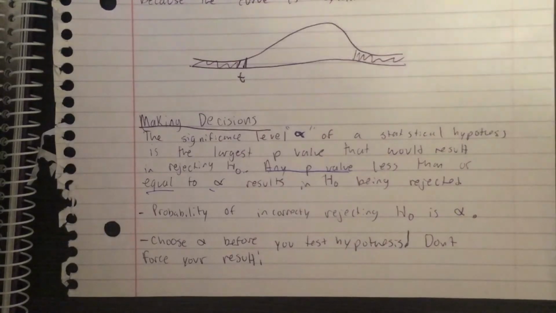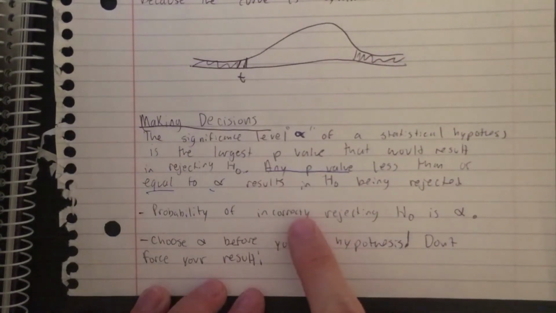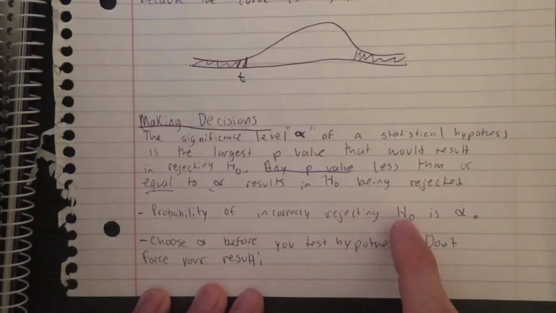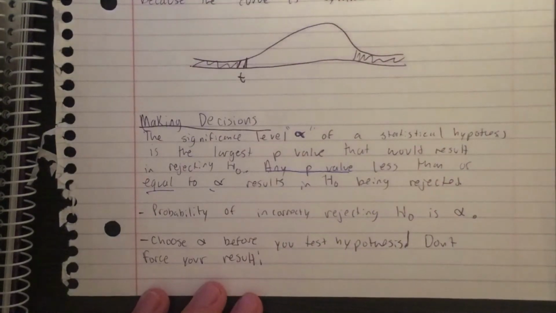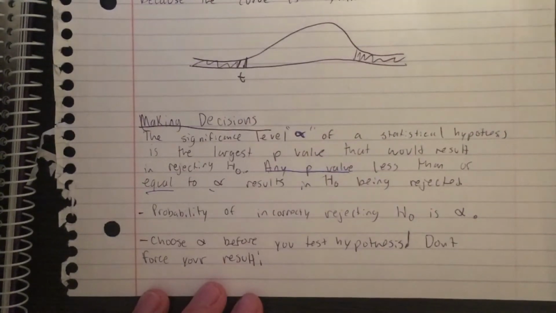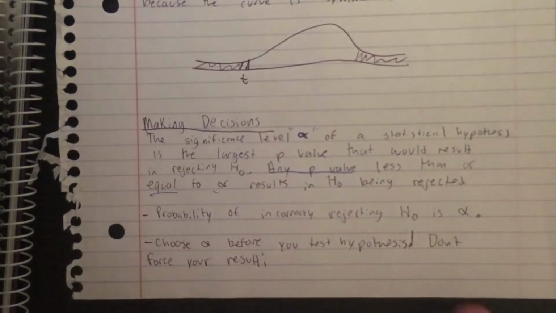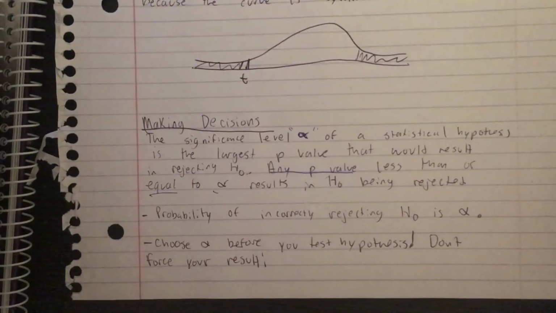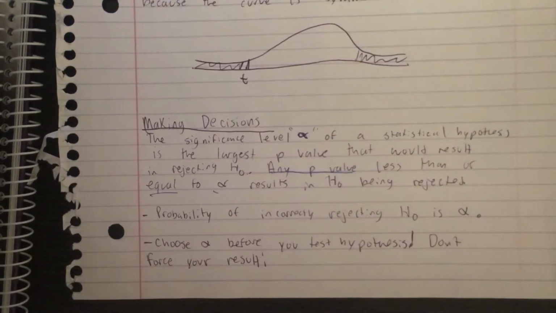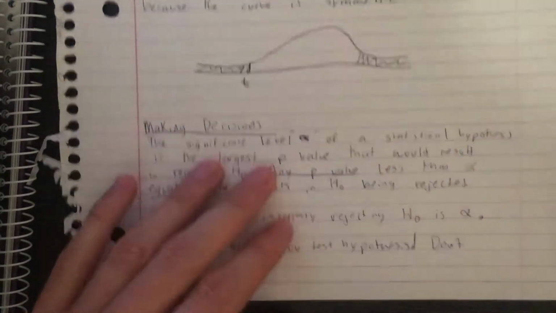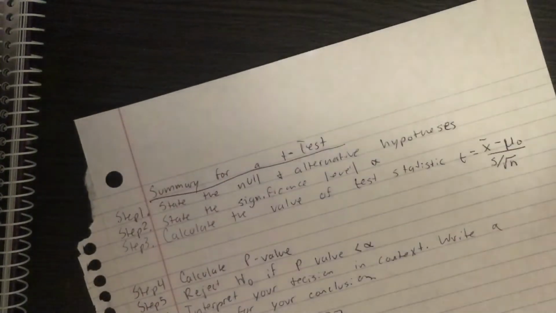If you decide there is a 10% or a 5% chance that you can incorrectly reject the null hypothesis before you run your test, you can't get your p-value and figure out, hey, it's actually above this, so I need to change my significance level. You don't want to force your result to get the data to say what you want it to say. You need to pick your alpha first. And that will be very, very important.